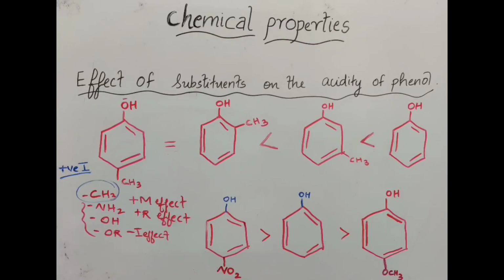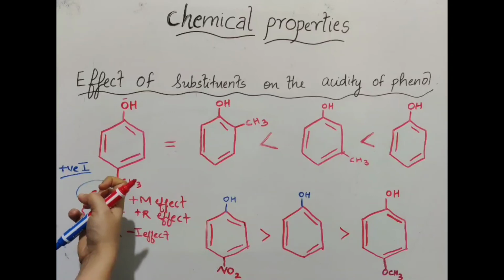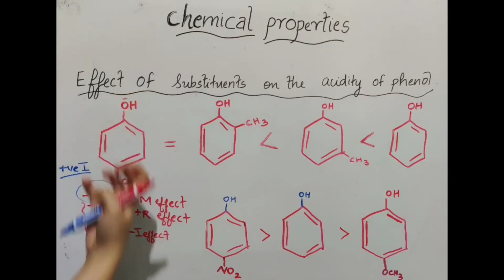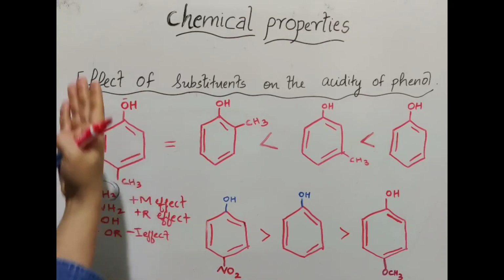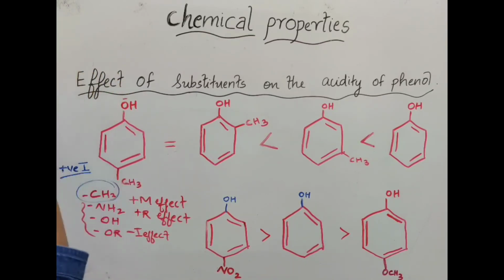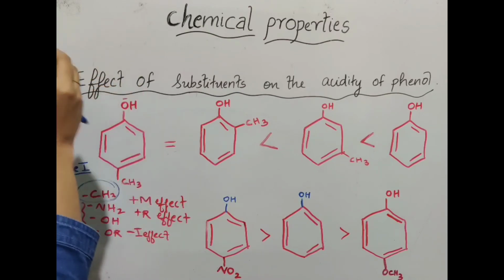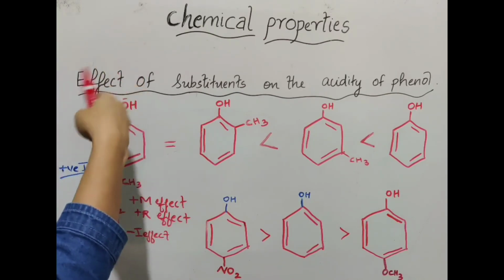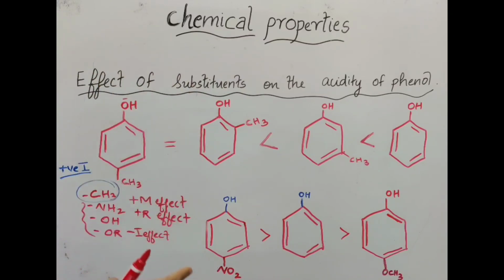In these groups NH2, OH and OR, negative inductive effect is dominating, and so we can say it is the electron withdrawing nature of the group. Electron is withdrawn from the benzene ring. As a result, the electron charge density is reduced at the oxygen atom, so it will always try to release the H plus.